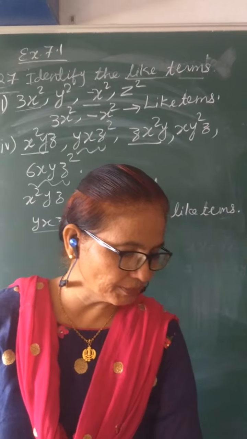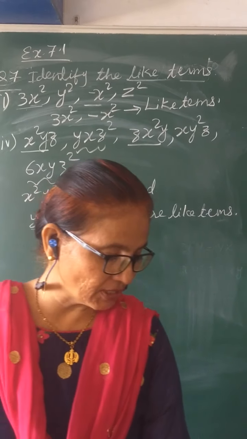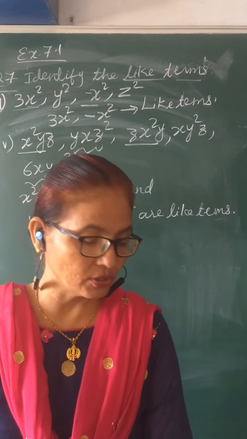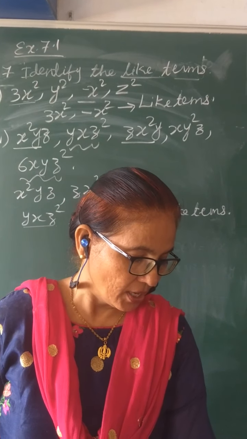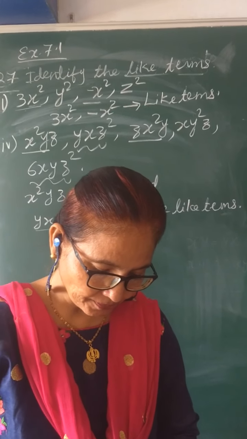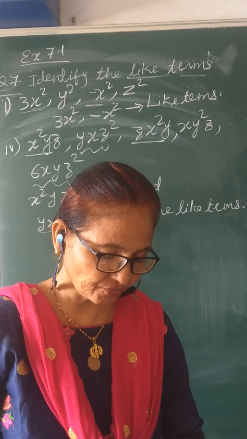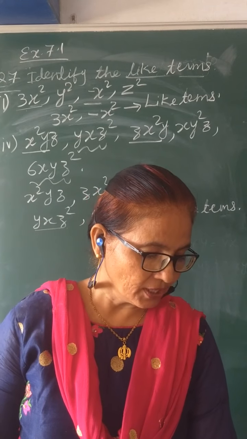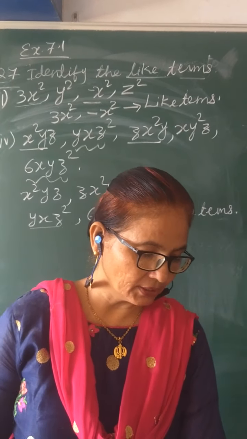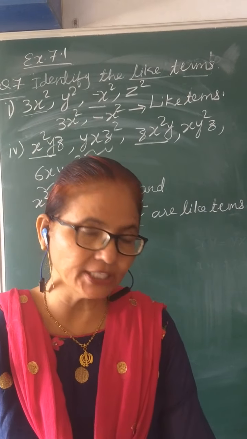Now you see question number 8. Question number 8 is: give the algebraic expressions in the following cases using variable, constant and arithmetic operations. Means this is just the opposite of your question number 5. Now here it is written in the form of a statement in words.